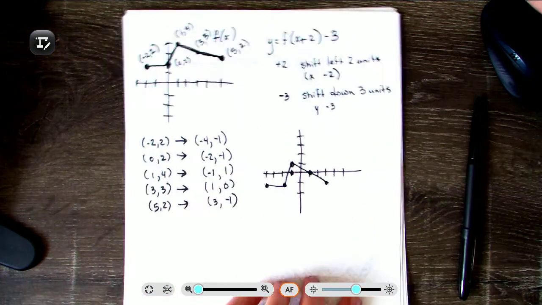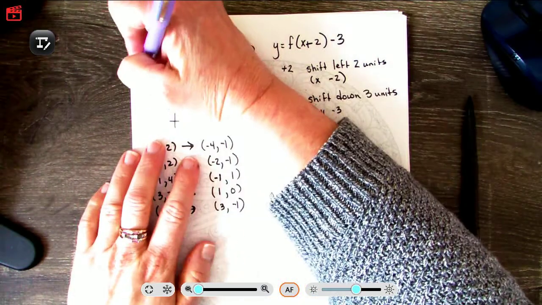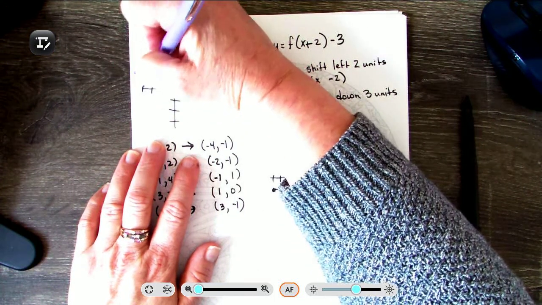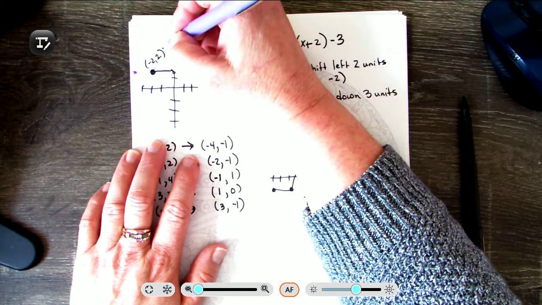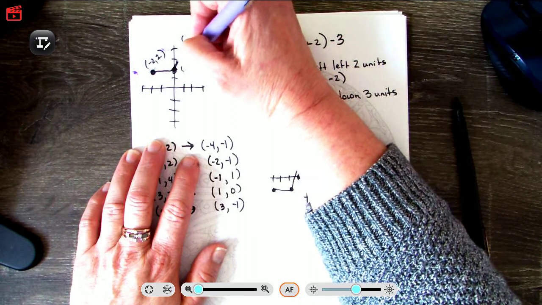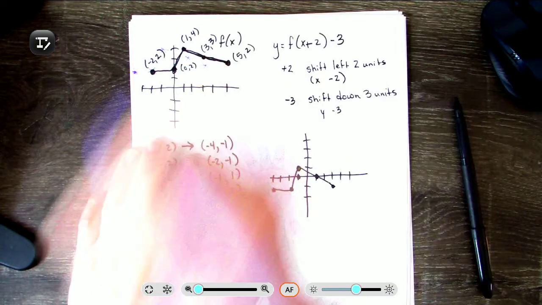Or what we could have done is moved everything over 2. So I could have done, get some colors here. If I move everything over 2 units, this one's going to go here. This point will go to here, so I'll make some little stars. This one will go here. This one moving over 2 puts it here. This one moving over 2 puts it here.